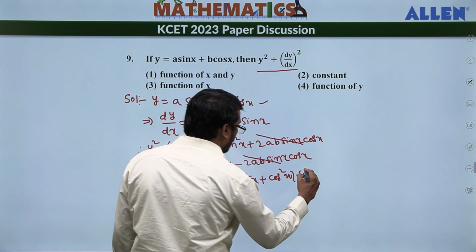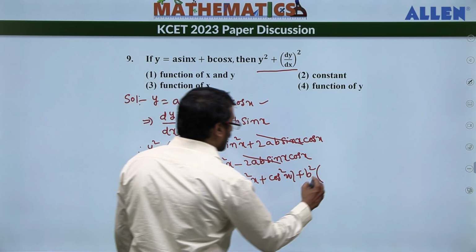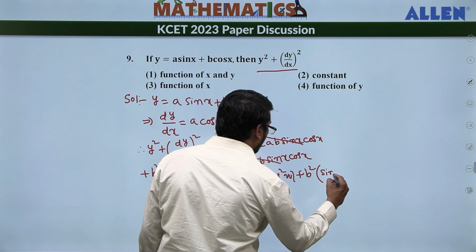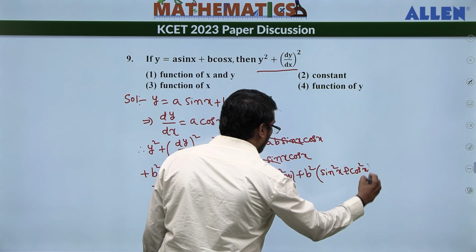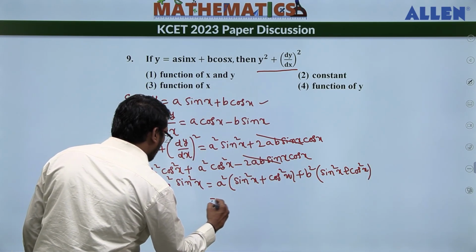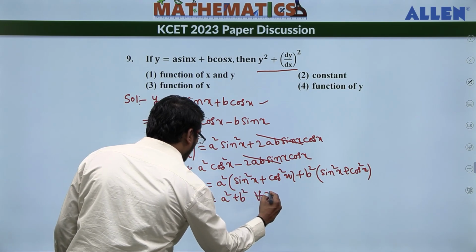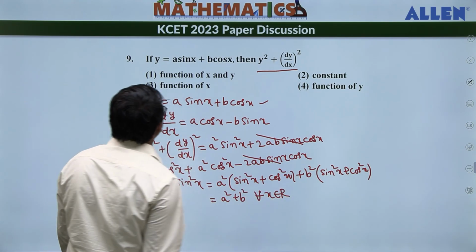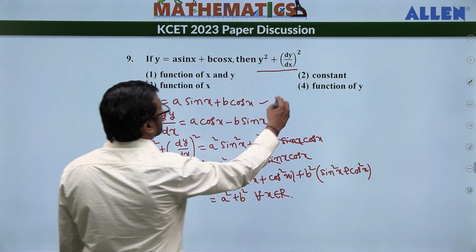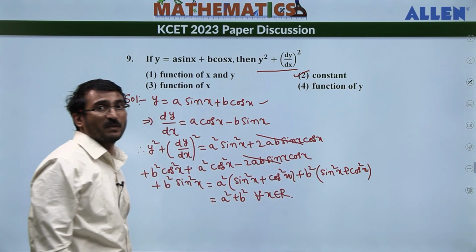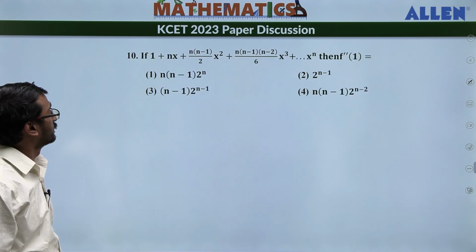Take b square in common, sin square x plus cos square x. That is equal to a square plus b square for all x belonging to R. So, it is a constant function. Y square plus dy by dx whole square is a constant function. Now, let us move on to question number 10.